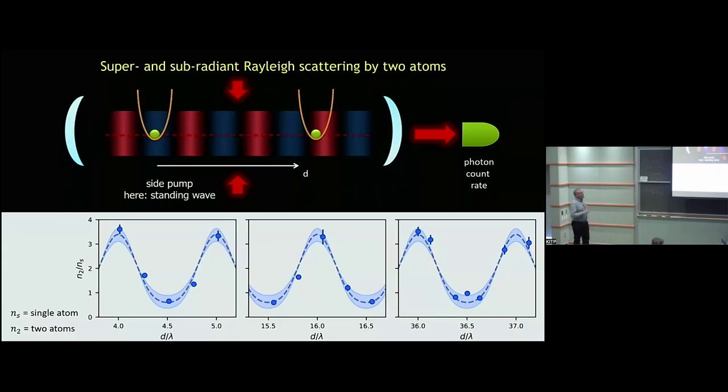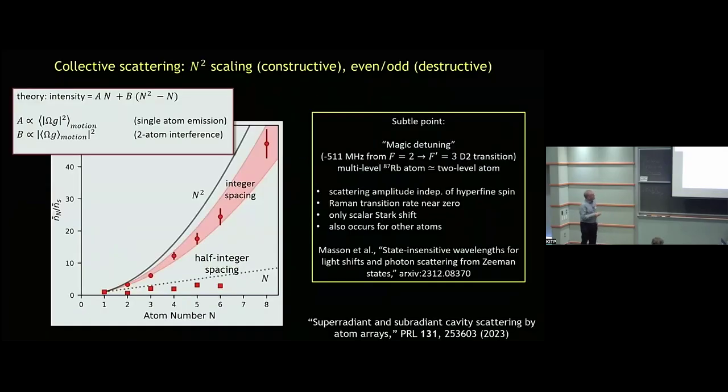So great, now let's turn this up to 11, or actually just up to 8, and increase the number of atoms stepwise. So here's a set of data where atoms are placed at integer wavelengths inside of the cavity, all at antinodes of the same sign. And ideally, we would see an emission rate from the cavity that scales exactly as n squared. So I can look this up. 8 squared is 45.